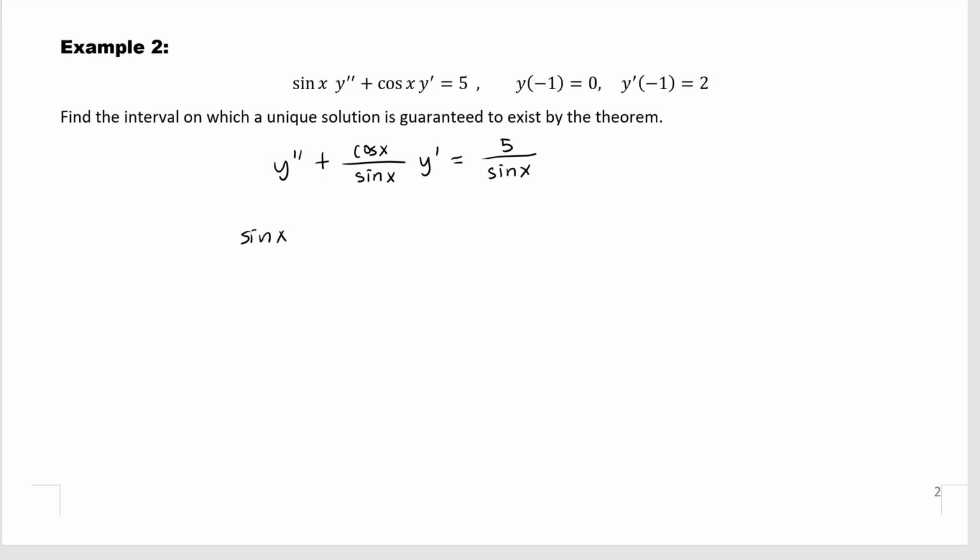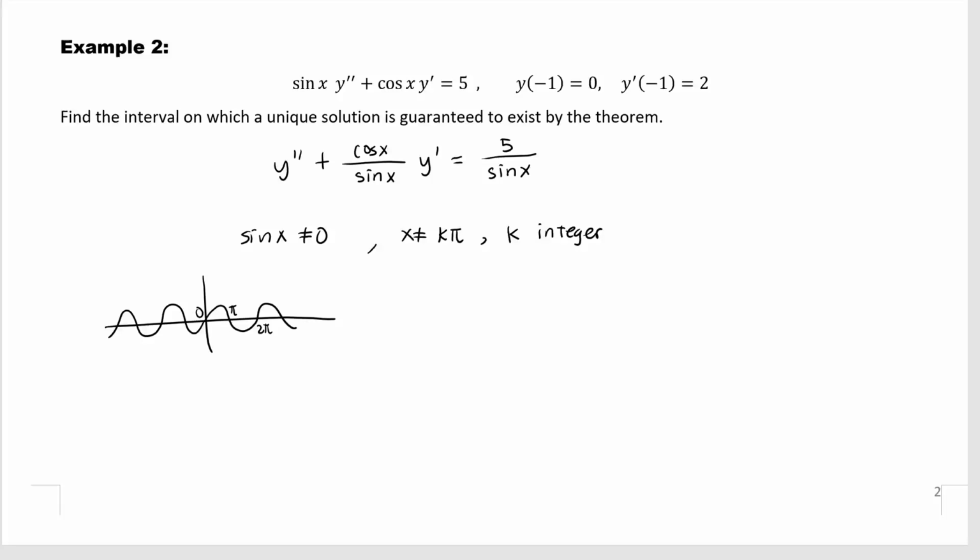We require the denominator sine x is not equal to 0. So sine x is like that. When do we have 0? When we have 0, pi, 2 pi, it means x cannot be k pi, where k is an integer.